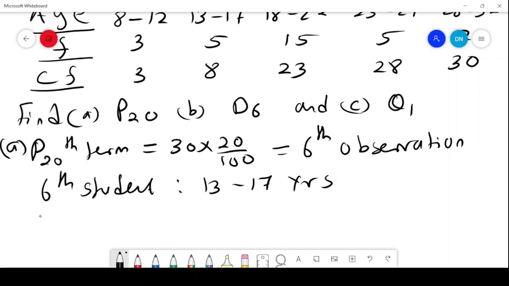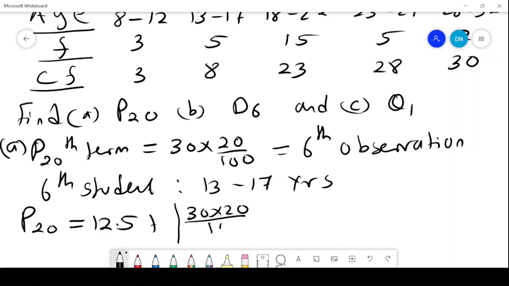So therefore we can get the 20th percentile, which is basically the lower class boundary of that class, which is 12.5, plus 30 times 20 over 100 minus the sum of frequencies before that class, which is 3, times 17.5 minus 12.5, which is 5, divided by 5.